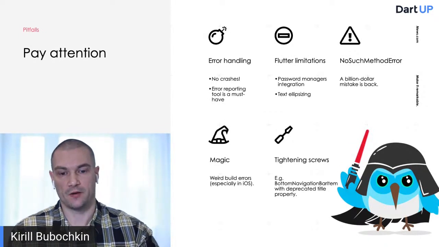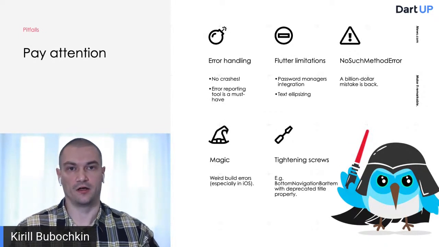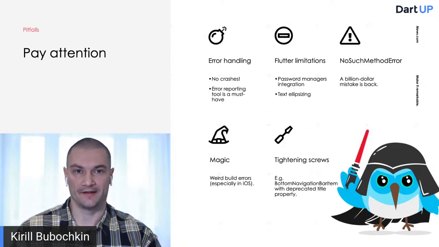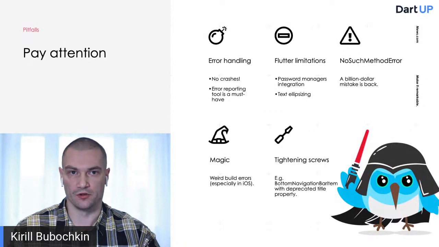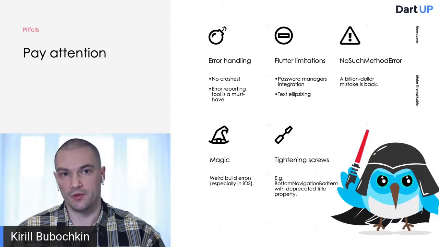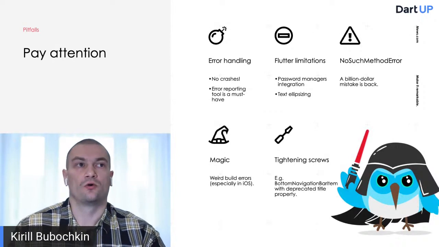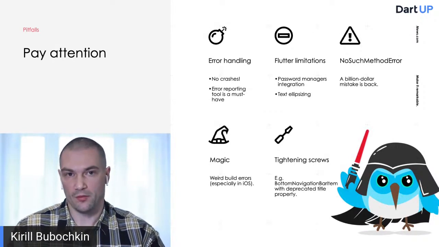And with some of the updates, we suddenly see that this title property is deprecated, and now we are supposed to use the label property. But this label property accepts a plain string. So it can be a minor thing.